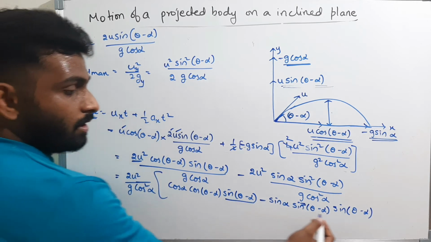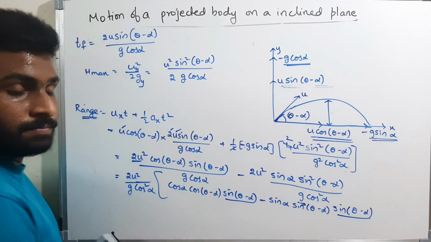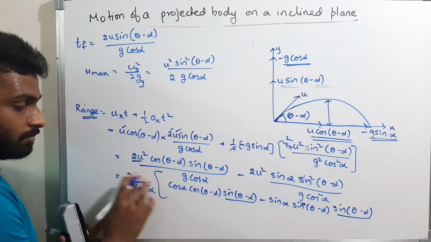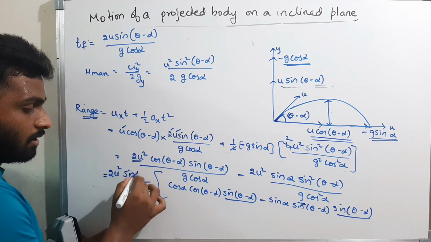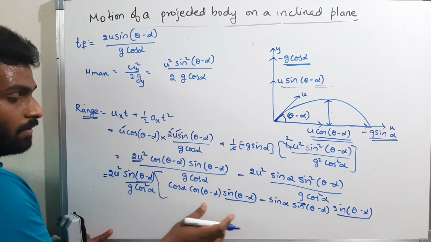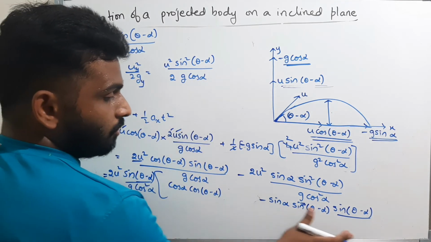Taking sin(theta minus alpha) common, I get 2u square sin(theta minus alpha).